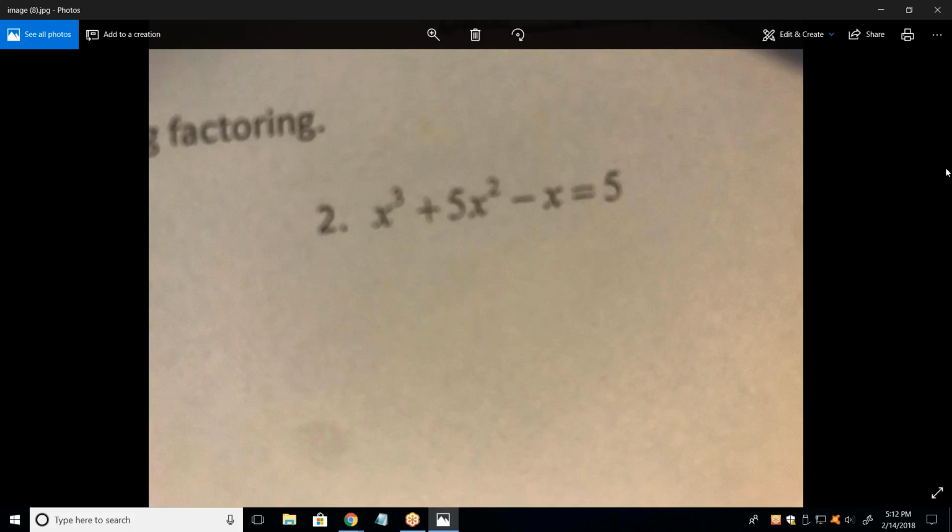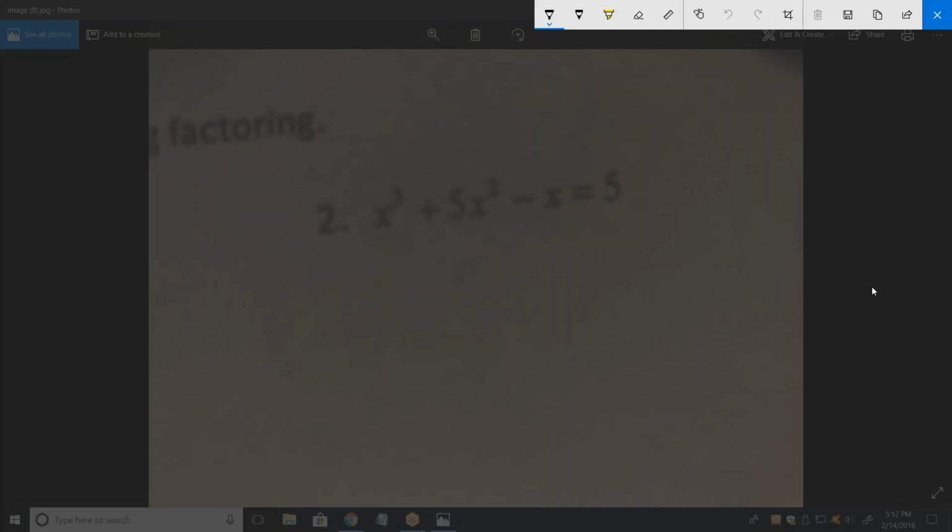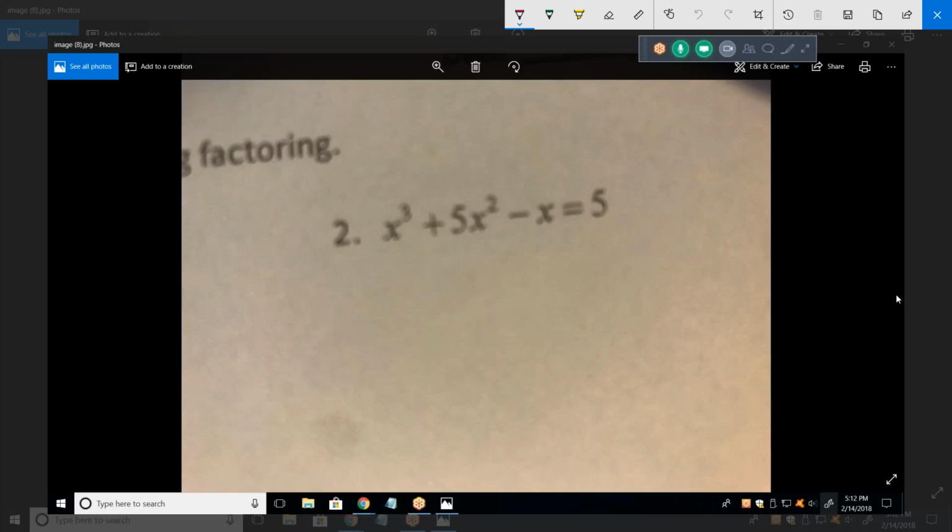My first step here. I'm not sure. Well, notice it's a cubic. Cubics don't handle nicely. You think quadratics are hard, cubics are brutal.